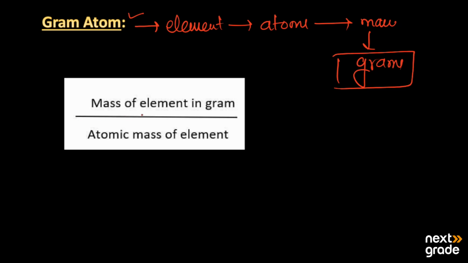So the formula that we can use to find the gram atom is the mass of the element in grams divided by the atomic mass of the element. For example, if we have carbon, its mass is 12 grams and the atomic mass is also 12 grams, then its gram atom will be equal to 1. Likewise, we can calculate the gram atoms of any atom by simply using this formula.